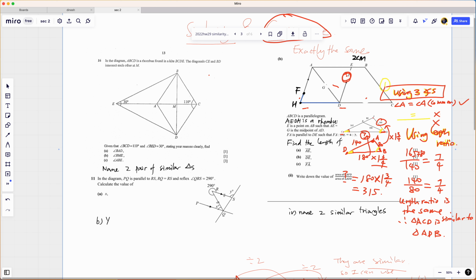Is there an isosceles triangle? I think you can find this one. What is this one?